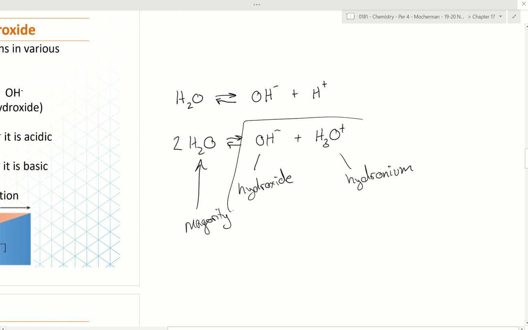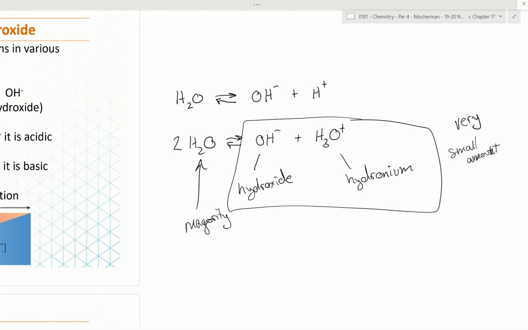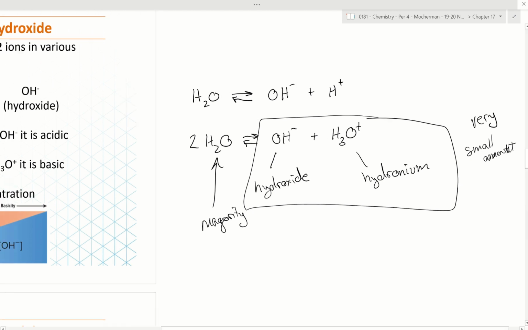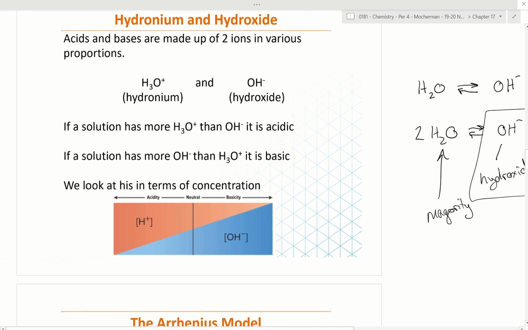These guys here are a very small fraction, a very small amount. So those are the two ions, and that's why acids and bases conduct electricity. Neutral water doesn't conduct electricity because there's just not enough hydroniums and hydroxides.